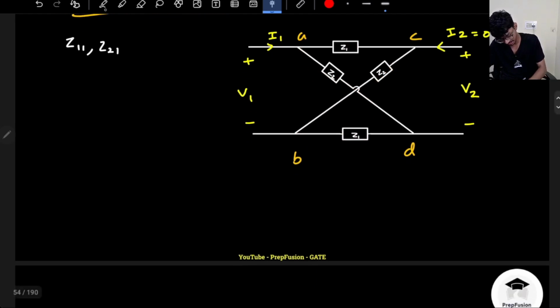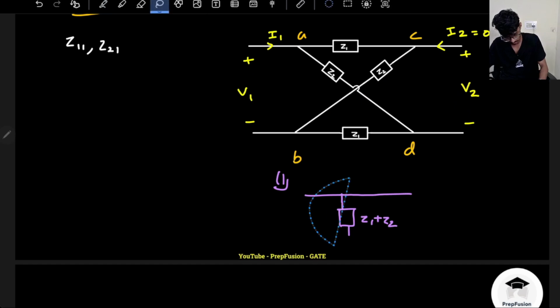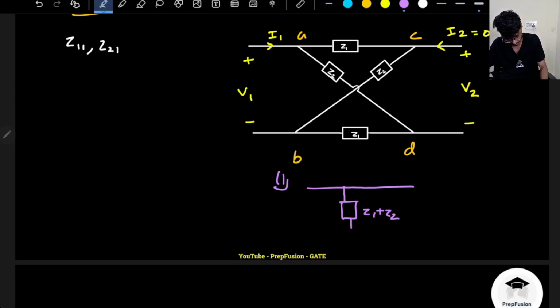So this circuit can be converted like this. Here I will have points A and B, where the equivalent impedance is Z1 plus Z2, and the other impedance can be converted here as Z1 plus Z2.